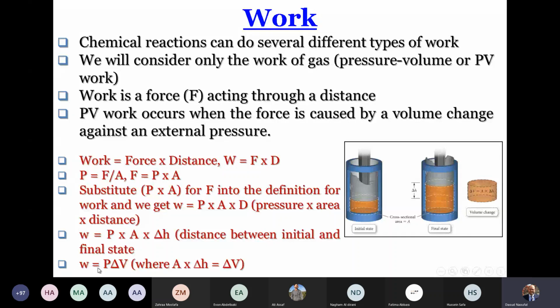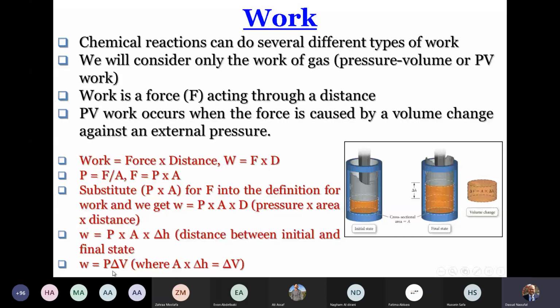So the work is P times delta V. This is the work only for a gas. I consider in the physical transformation the work of a gas, or what we call the pressure volume work. So as a conclusion, it's not necessary to do all this proof.